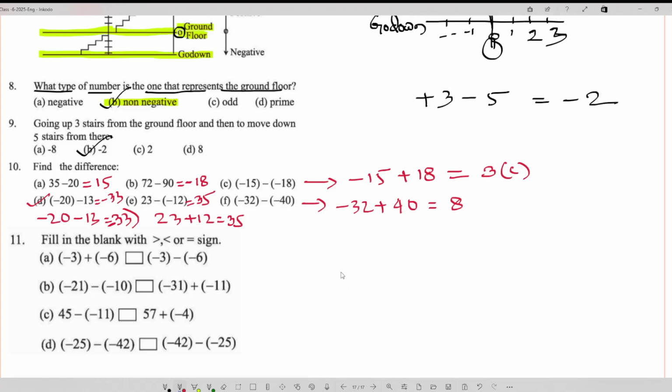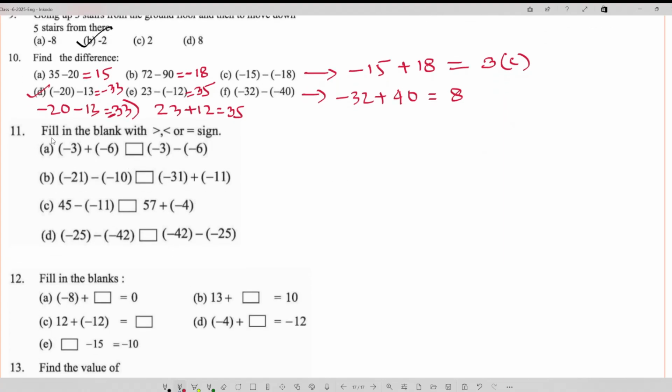Now next one, it's a very interesting thing. Fill in the blank with less, greater or equal sign. We can do it very carefully. Minus 3 and plus minus 6, plus and minus will become minus. So minus 3 minus 6, and then in this box, minus 3 and minus plus 6.